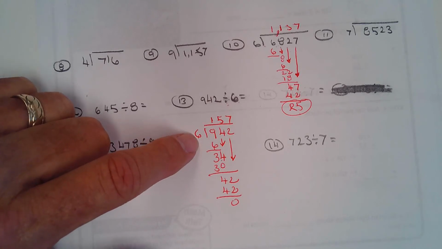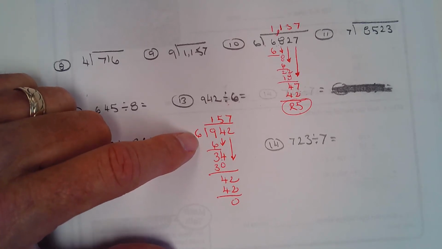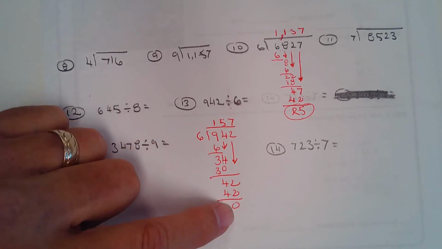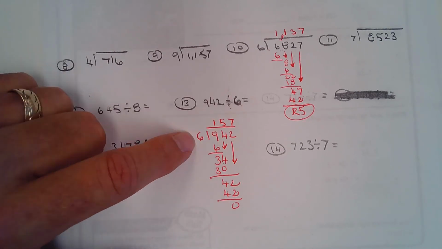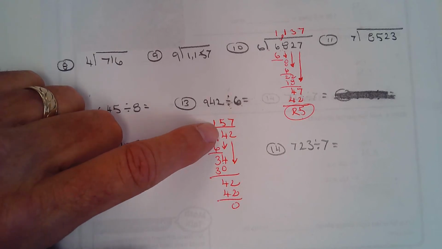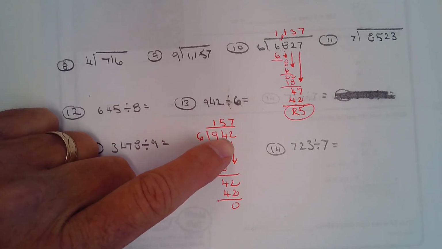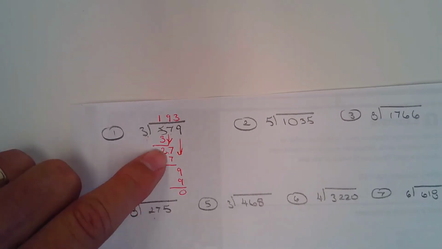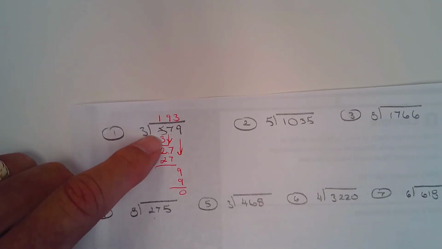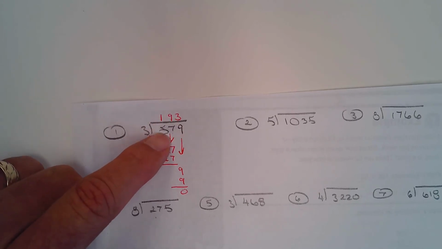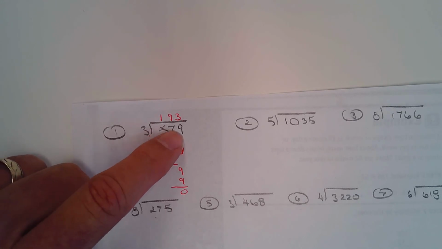And so you can check these problems, if any of you actually ever went that far, to see if they work, especially the ones that go in evenly. If we were to multiply 6 times 157, we should get 942. This first problem here, if we were to multiply, since there's no remainder, 3 times 193, then you would get 579.